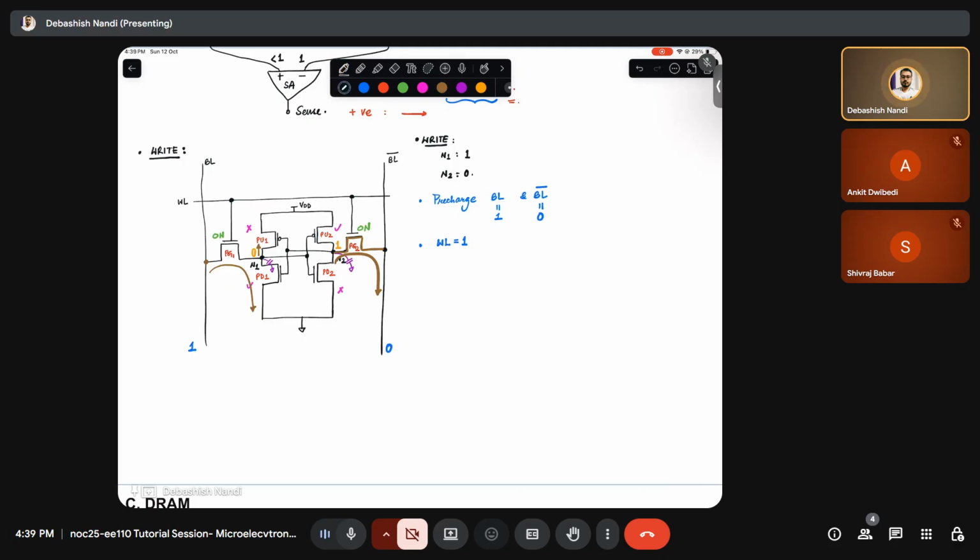If you let the nodes discharge, depending upon the time constant, your N1 will go from 0 to 1, and simultaneously your N2 will go from 1 to 0. So this is basically what you desired. So that is how you write to an SRAM cell.